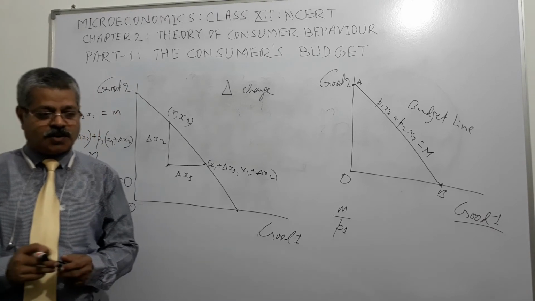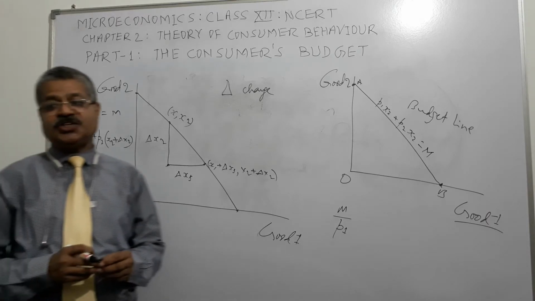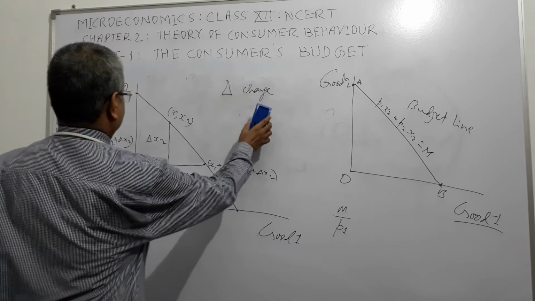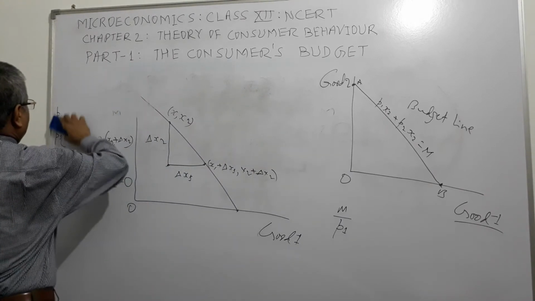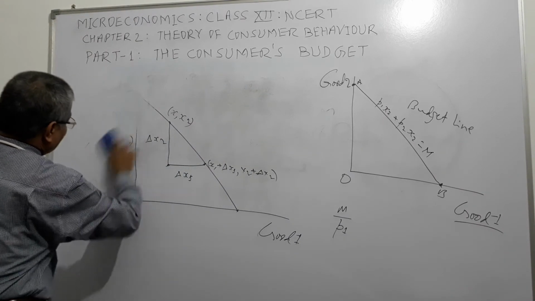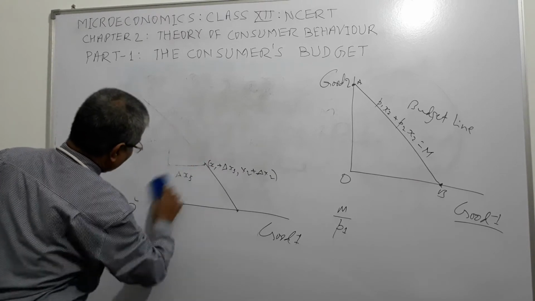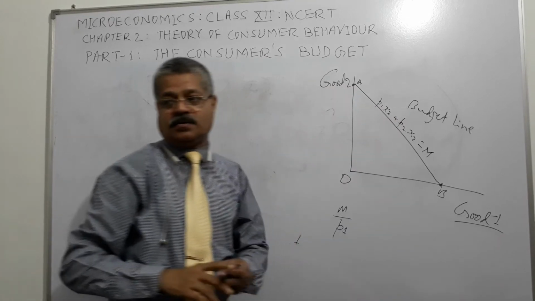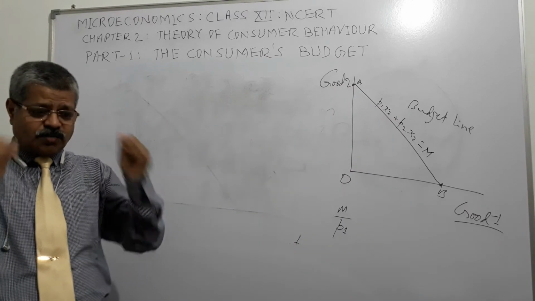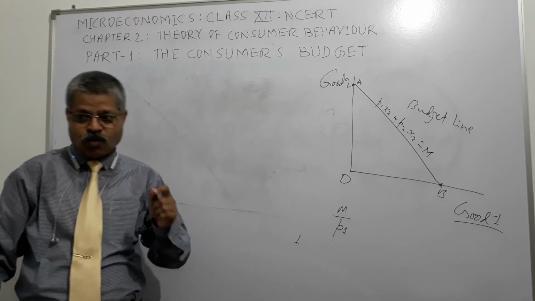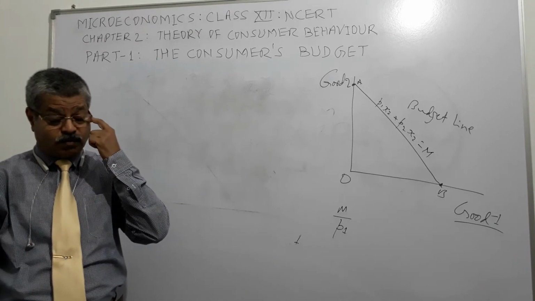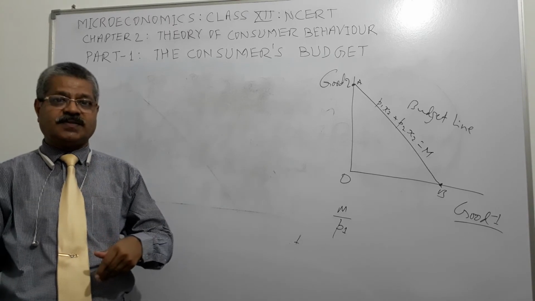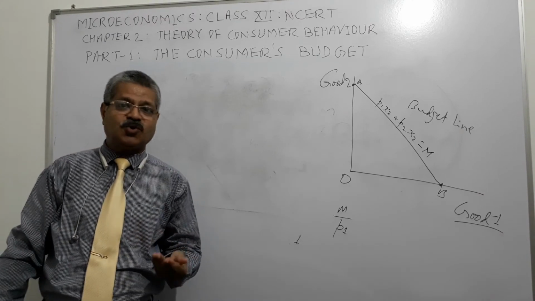Now, we will discuss price ratio and the shape of the budget line. So here what happens, for having more of good one, more units or more quantity of good one, we need to sacrifice some quantity of good two.